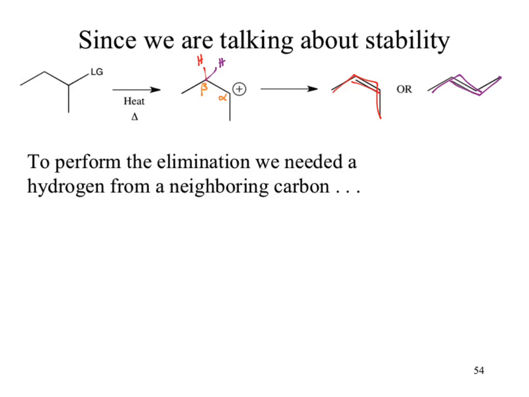I'm eliminating a hydrogen from the beta position. So instead of calling this an E1 or an E2, I could call this a beta elimination, because I'm eliminating from the beta position. So you might hear reference to beta elimination. That's all we're talking about. And we're referring to the hydrogens that are one carbon away.